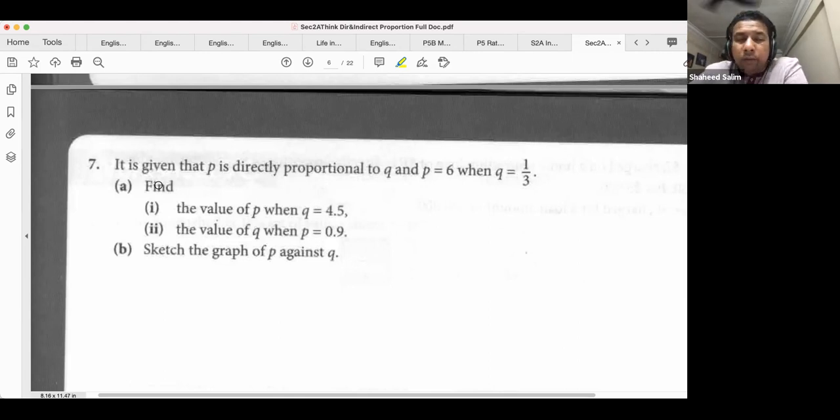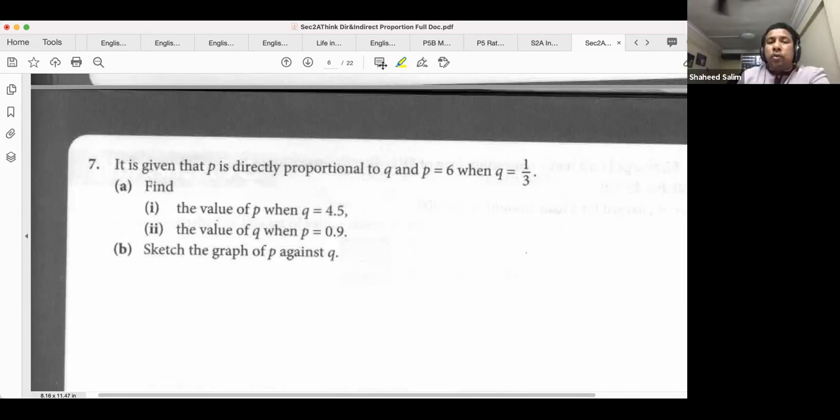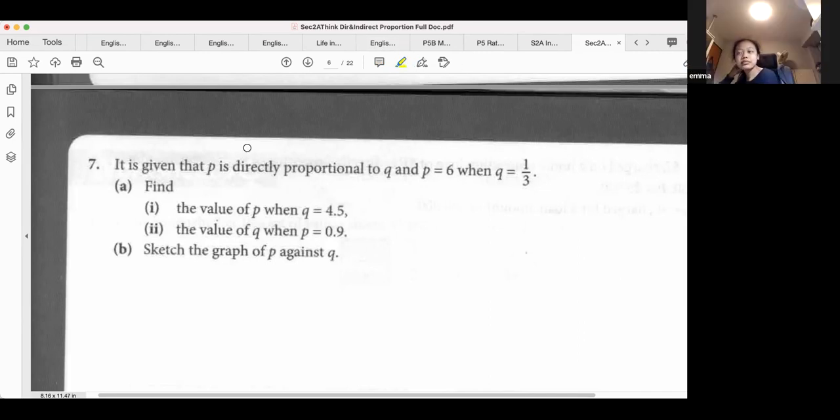Have you found your K? What's the value of your K? I don't know.